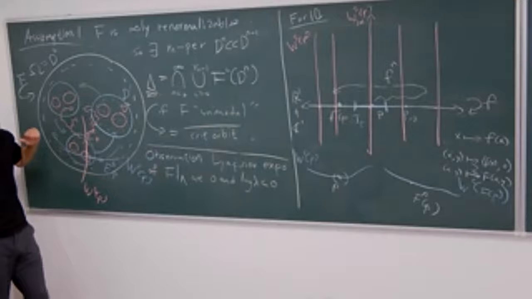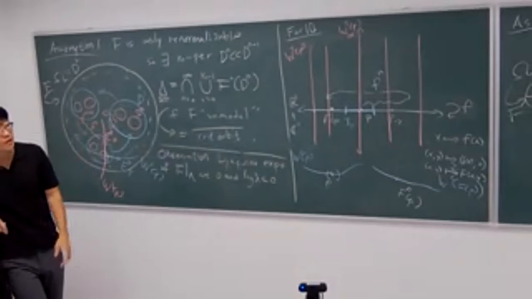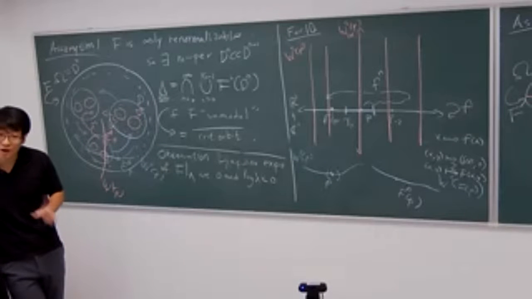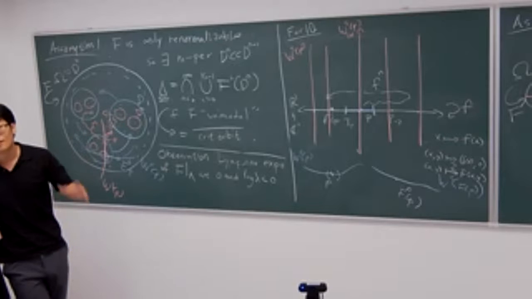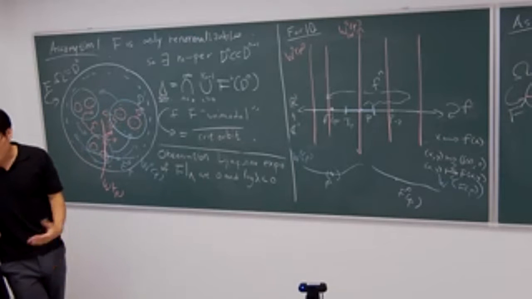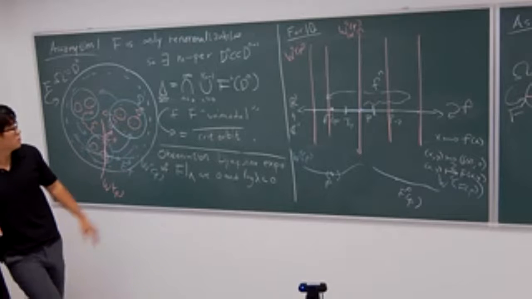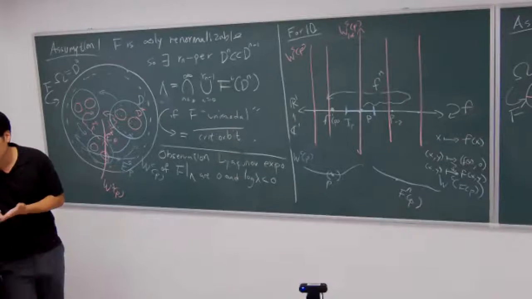So for the invariant measure, the original definition is for any ergodic measure supported on a subset of omega, almost every stable manifold with respect to that measure should be proper.